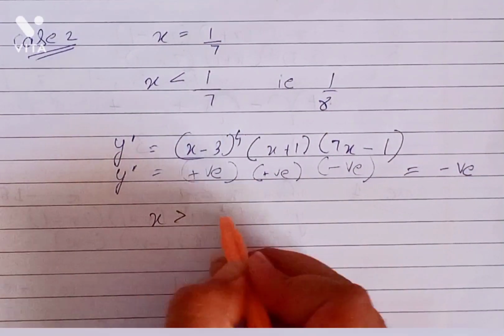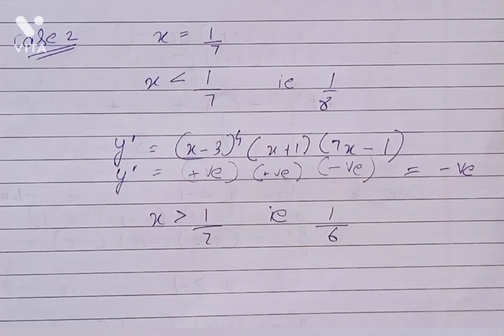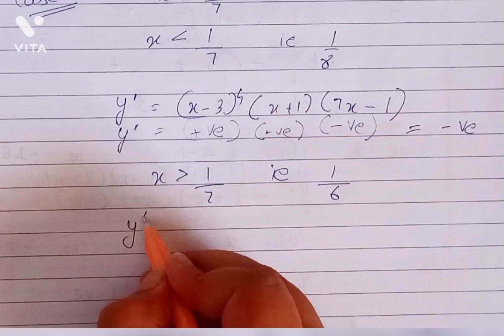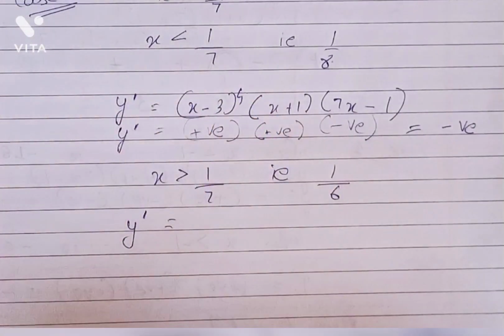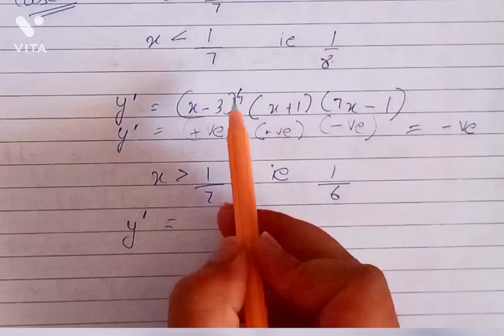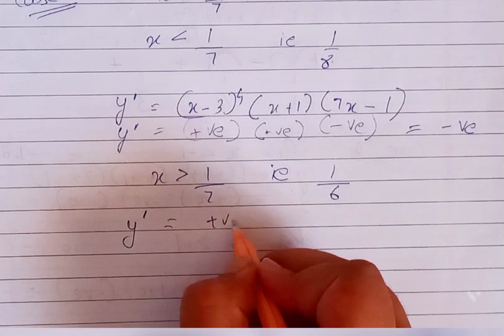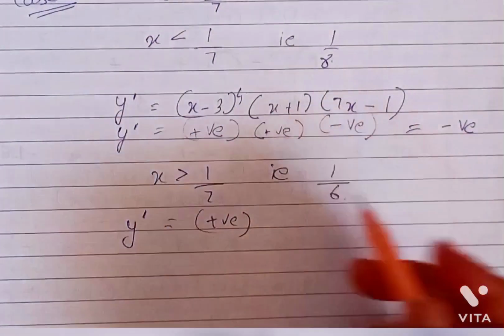Secondly, when x is greater than 1/7, I could say 1/6. Putting this into y dash, this would be positive only. Whether I keep 1/6 or any quantity, it would be positive because of its even power. This one would also be positive, positive and positive.